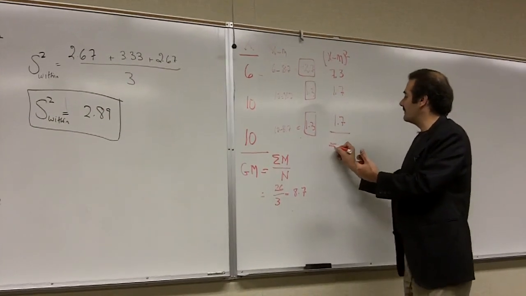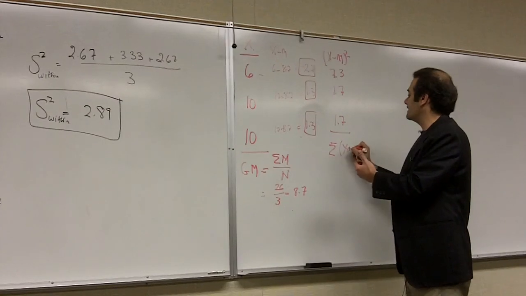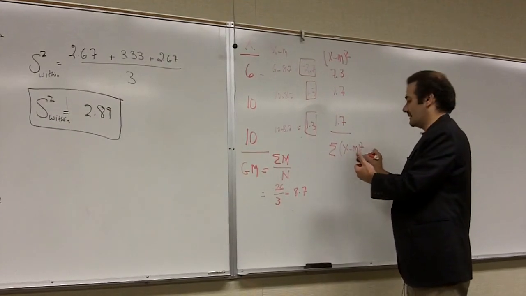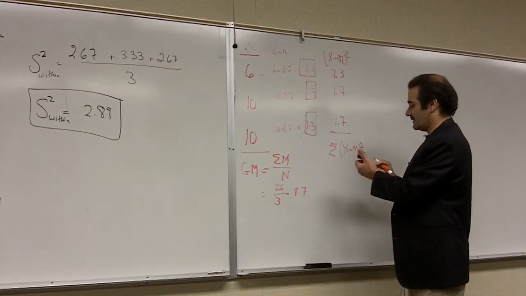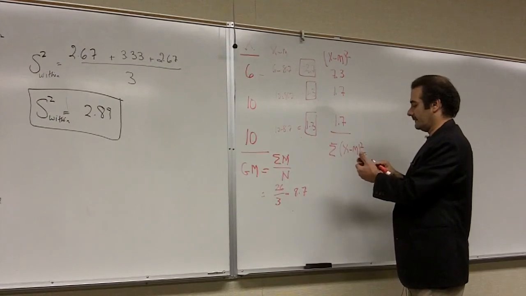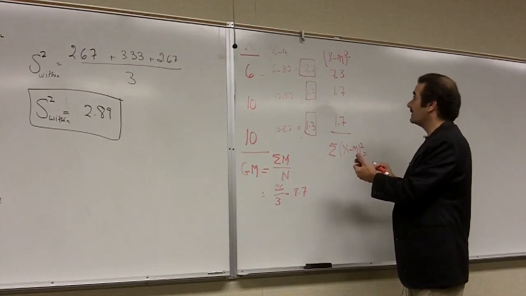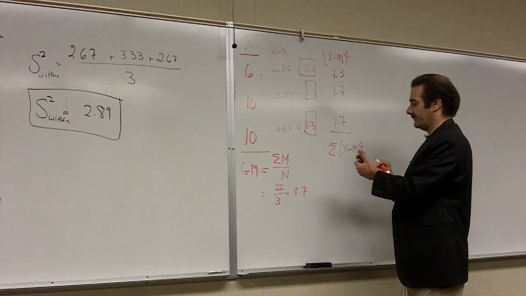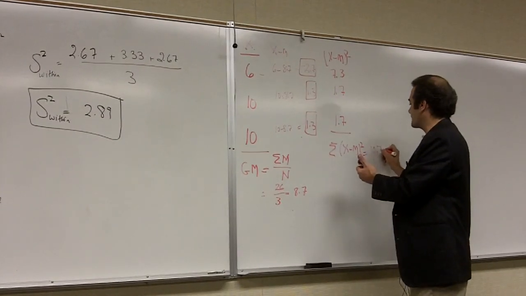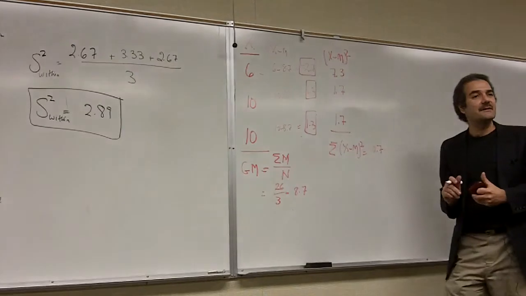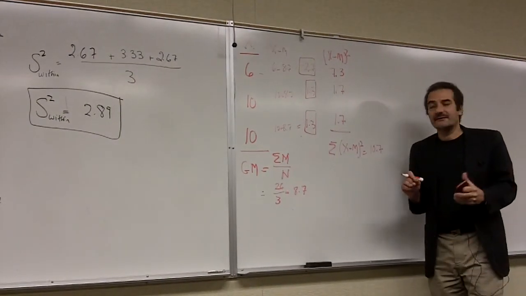So the sum of squared deviations is equal to 1.7 plus 1.7 plus 7.3, which is 10.7. Everybody with me? Nothing different, really.